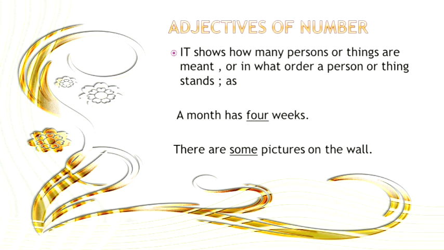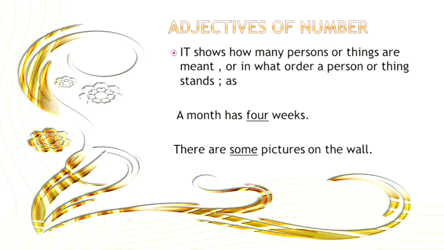Similarly, there are some pictures on the wall. Now the nouns in this sentence, there are two nouns actually, pictures and wall. And if I ask you how many pictures, the answer will be some, which does not tell you the exact number, but it gives us an idea that it is more than one.